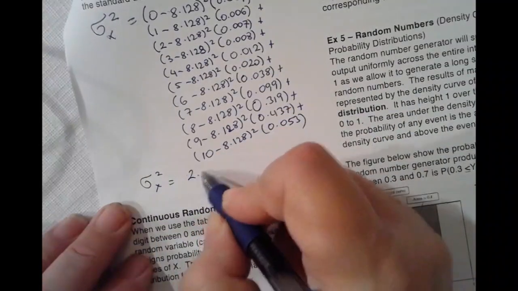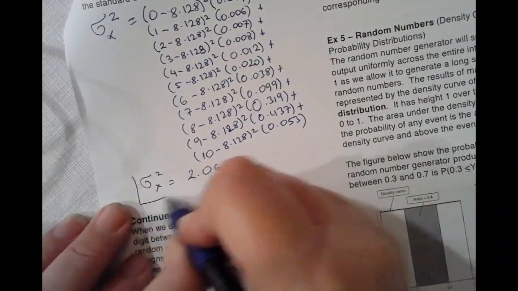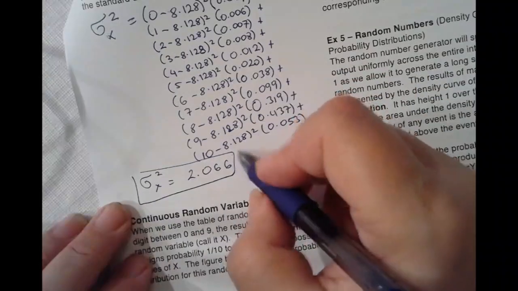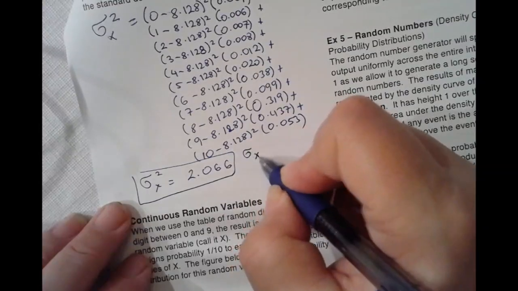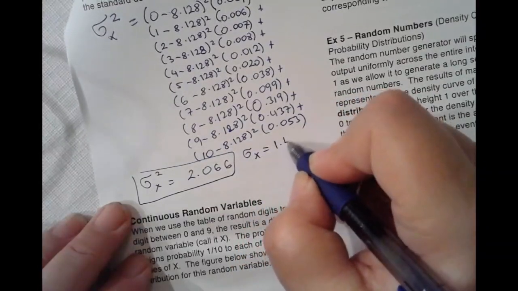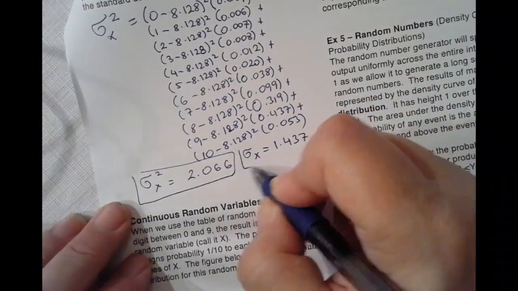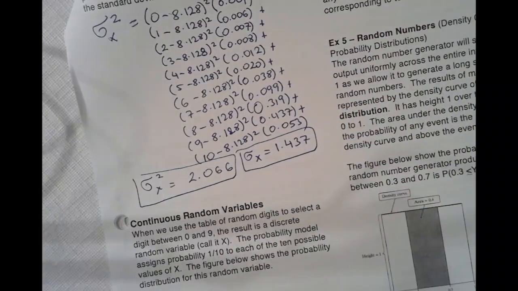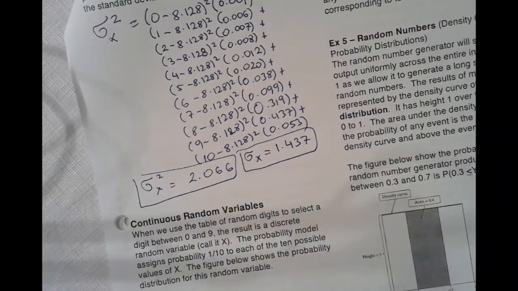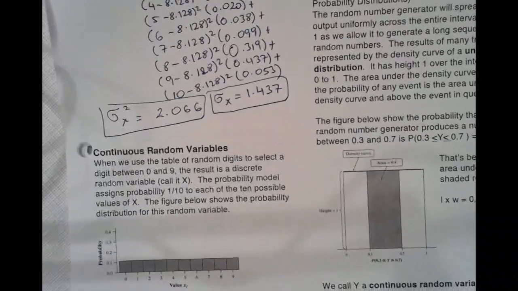If you add all these up and calculate, you will get that the variance is equal to 2.066. And to find the standard deviation, you would take the square root. So the standard deviation is equal to 1.437. To interpret it, you would use your definition from the previous page.